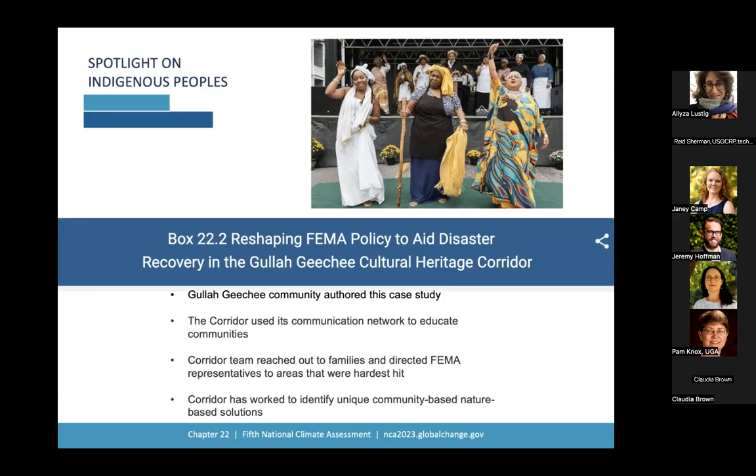And through its community-driven ad hoc subcommittee on natural resources and climate change, the corridor has also used a similar grassroots approach to understand how climate change may be experienced differently in the coastal communities of the corridor, and has worked to identify nature-based solutions that may benefit communities.